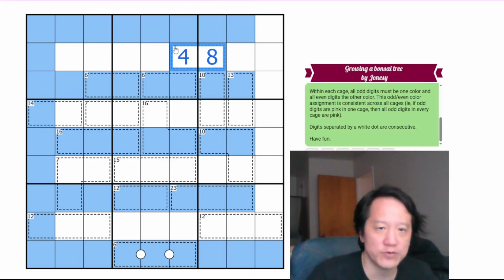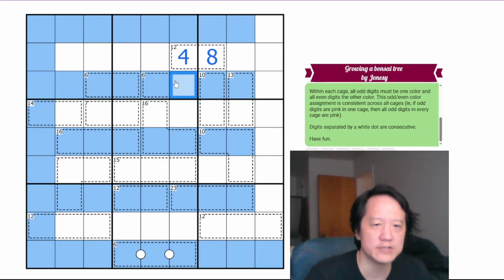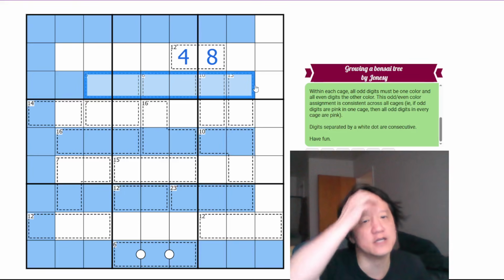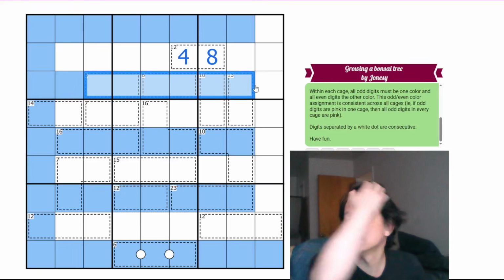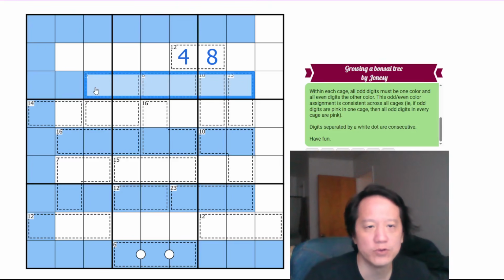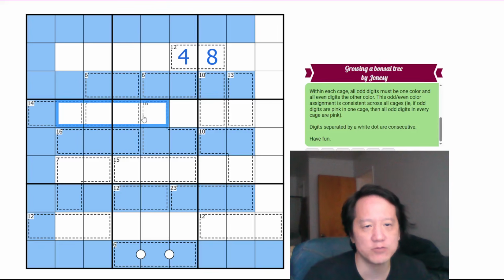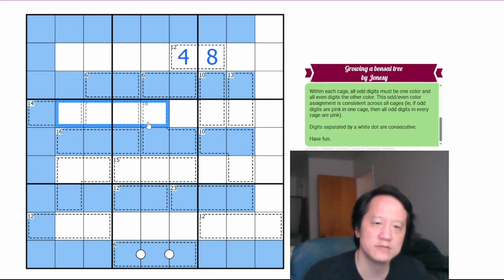So, for example, if we did have a 4-8 pair here, and these were white, that means all the digits in cages that were blue would have to be odd, and all the digits in cages that were white would have to be even.